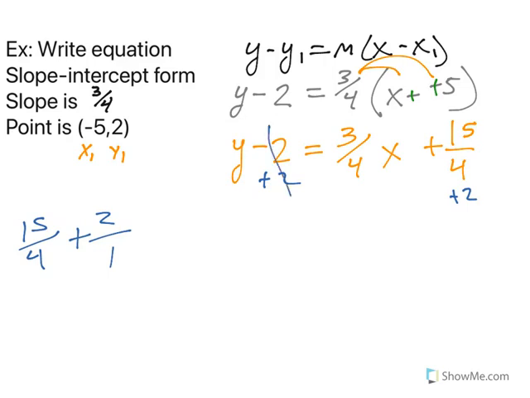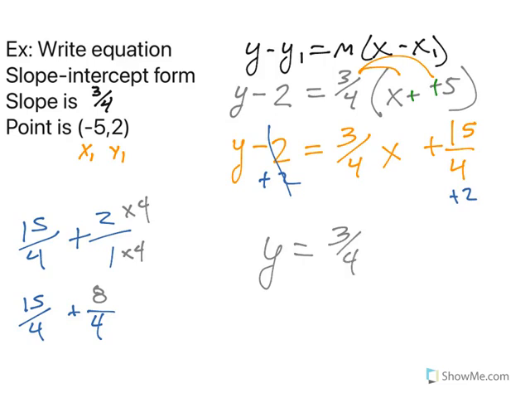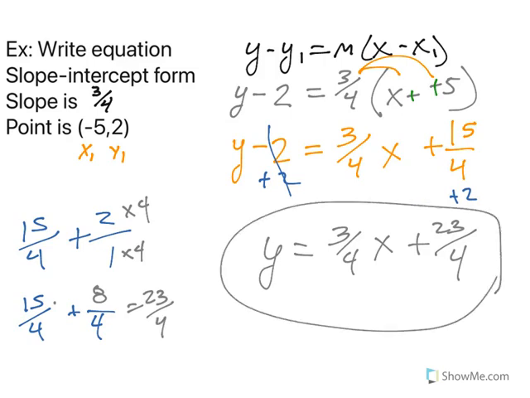Okay, I need common denominators. So, looks like 4 wins. That means I multiplied the bottom by 4, so I've got to multiply the top by 4. So I have 15/4 plus 8/4. So my final answer, on the left I have y, then I have 3/4 x plus 23/4, because 15 plus 8 is 23, denominator stays the same. Good times.